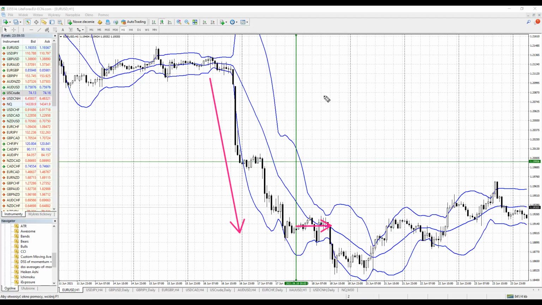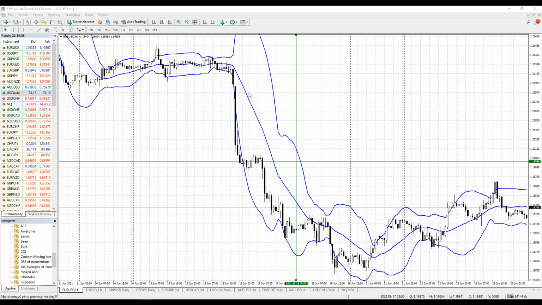When we are talking about the Bollinger Band, I want to see a strong move to the downside, and then I want to see the market trying to test the midline. That's the standard setup when it comes to this indicator.